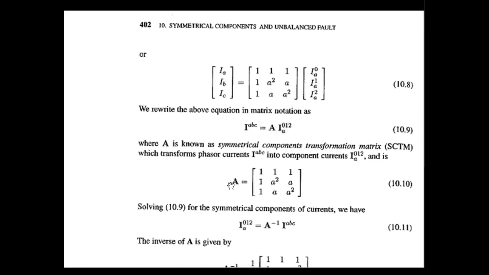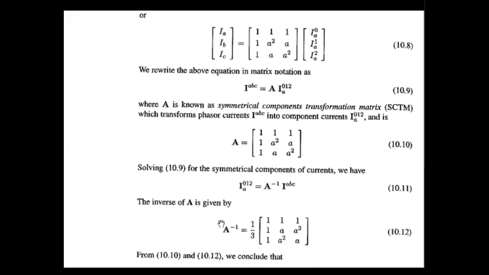If A has the matrix like this, it is the A transform phasor matrix. And 0, 1, 2 is related to A inverse, right? If ABC is related to A, and you make the inverse, that means this side is reversed, so A inverse will give the relation from ABC to get the 0, 1, 2 sequence.